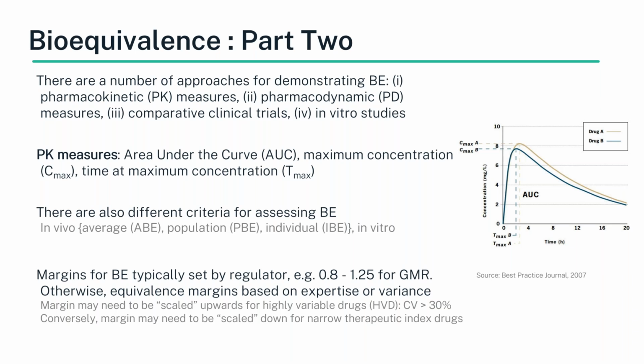And so narrow therapeutic index drugs, converse to the highly variable drugs, are extremely sensitive to small changes in concentration. So, efficacy can be dramatically reduced if the concentration is just a small bit too low, and there can be a substantial increase in the risk of adverse or toxic events if the concentration is just a little bit too high. And so, there needs to be a smaller bound when assessing the comparative bioavailability of these two treatments.